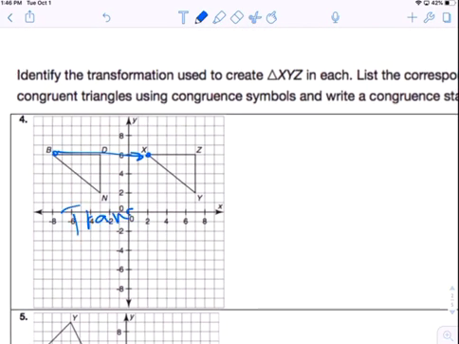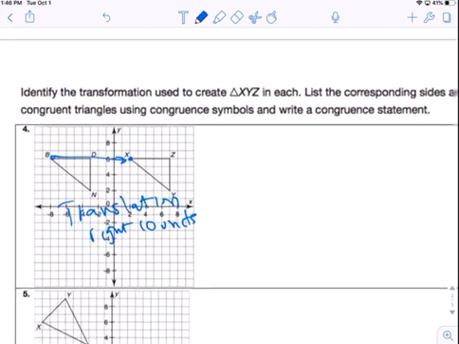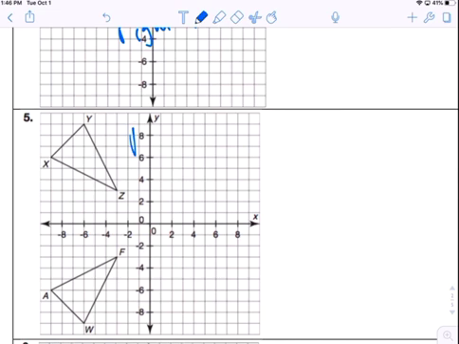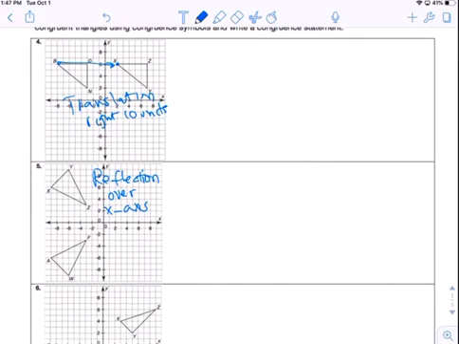Translation, right 10 units. And this was a reflection over the x-axis. I think I did this for every class.